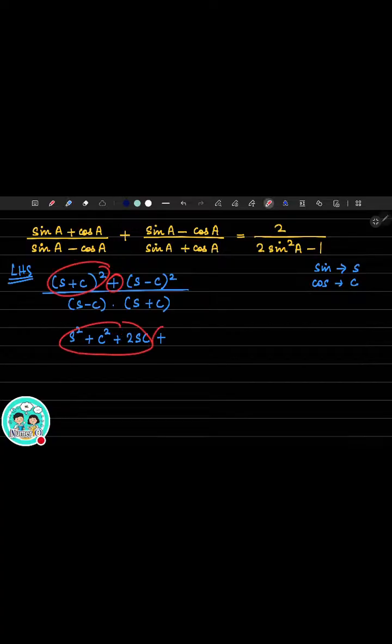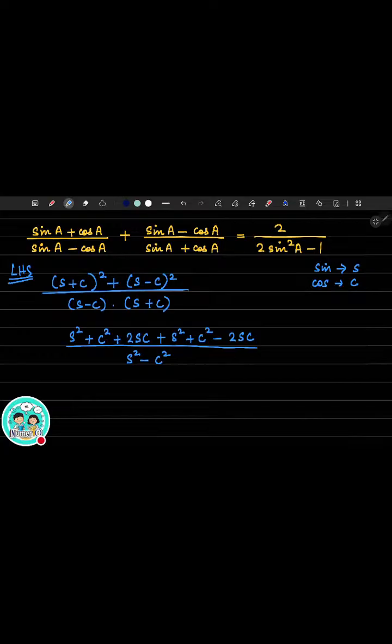Plus, this plus is here, (sin A minus cos A) the whole square: a square plus b square minus 2ab. So let's write that. Sin square A plus cos square A plus 2 sin A cos A, plus sin square A plus cos square A minus 2 sin A cos A, whole divided by, what do you have in the denominator? (a plus b) into (a minus b), which is sin square A minus cos square A.